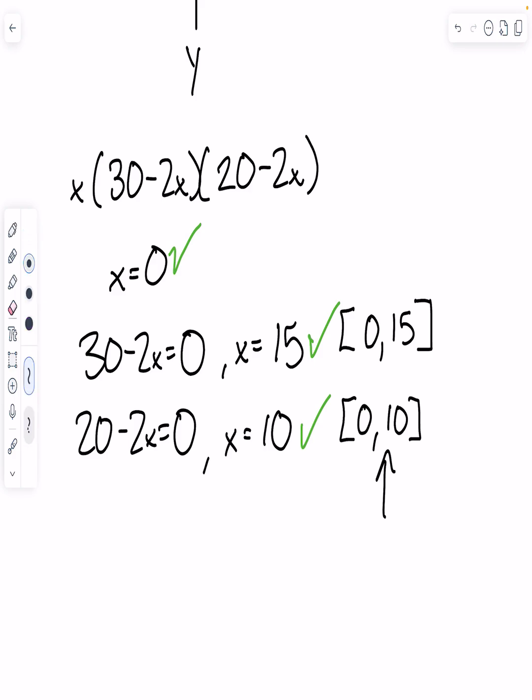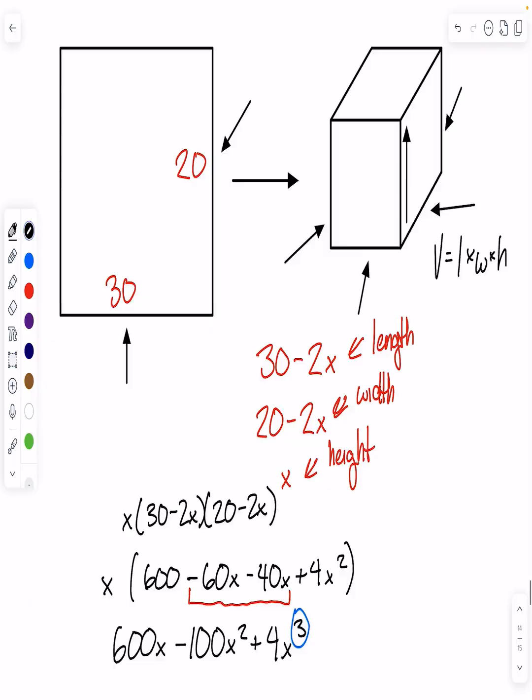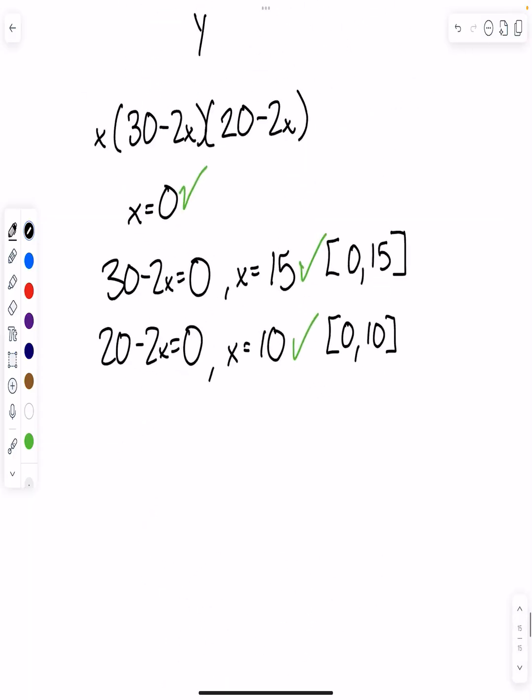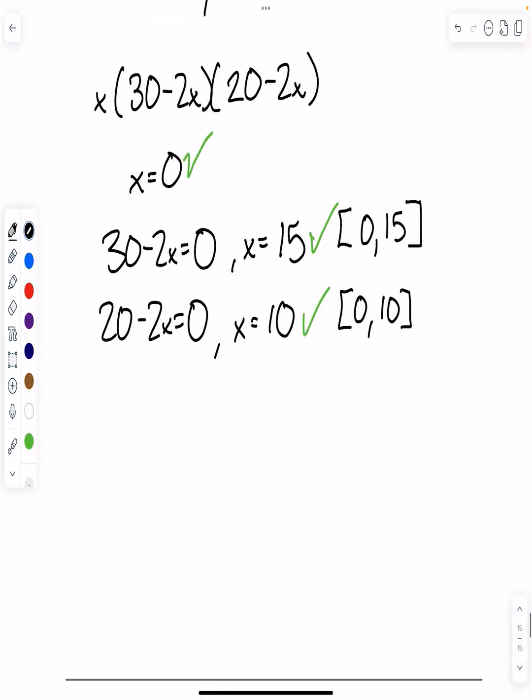So I can't consider those either, even though they do exist in this one, because I'm making a box. And if I'm making a box, all my sides have to be in some degree proportional to each other. So my relevant domain in this case is from 0 to 10.